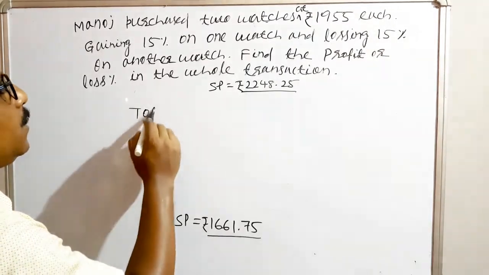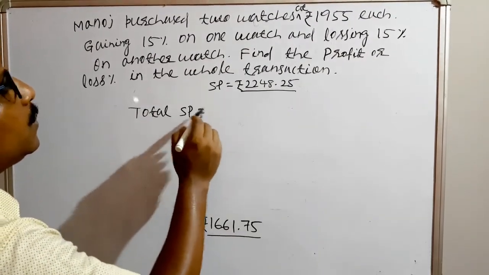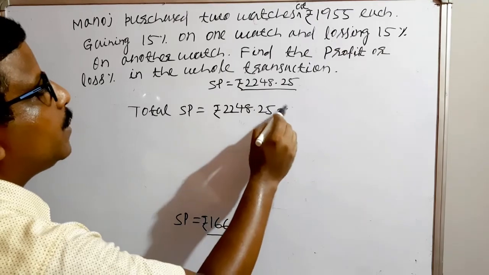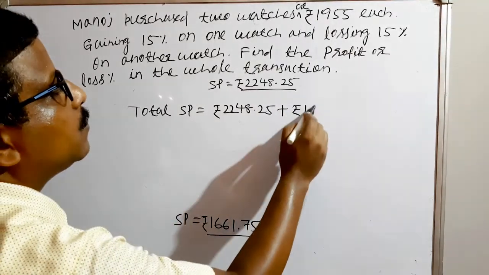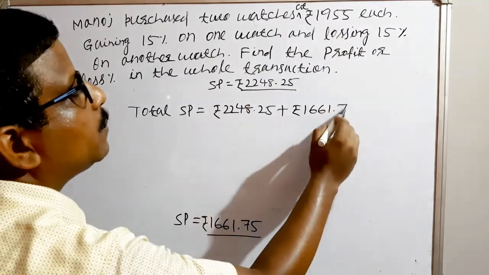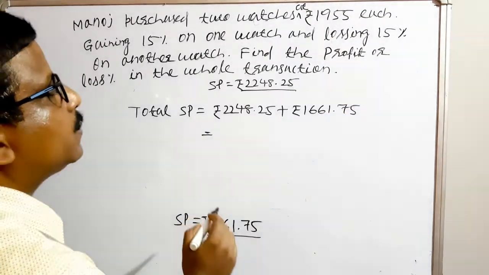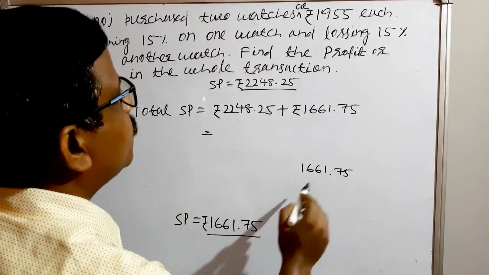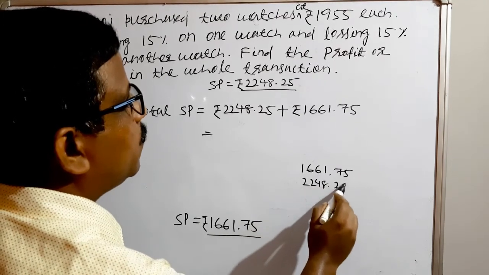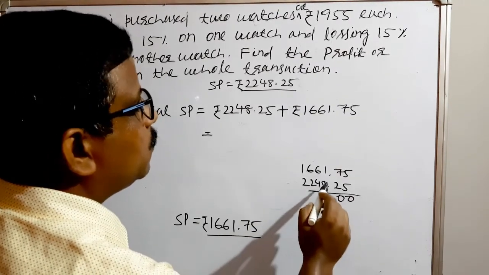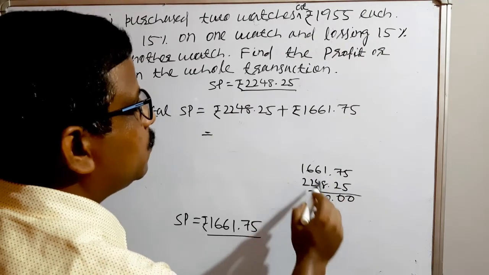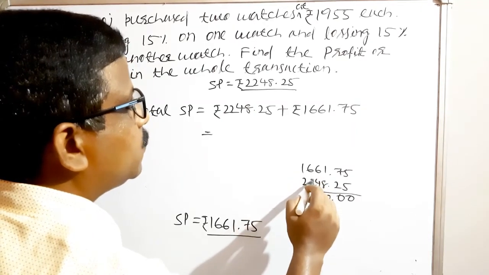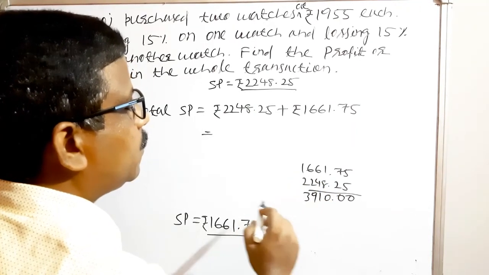Total SP is equal to rupees 2248.25 plus rupees 1661.75. If we add, what will we get?